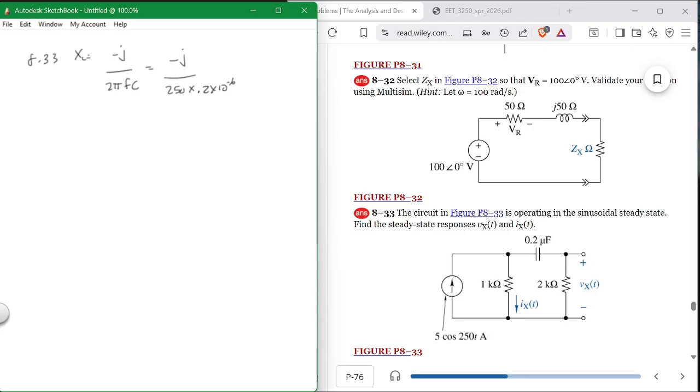So it is 1 divided by parenthesis 250 times 0.2 in parenthesis. So it's equal to minus j 0.02 times 10 to the 6th, or minus j 20k. Any questions about that? So this is a minus j.